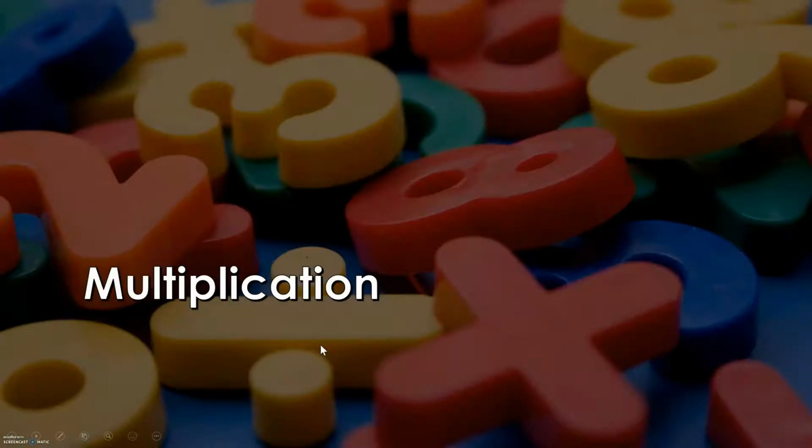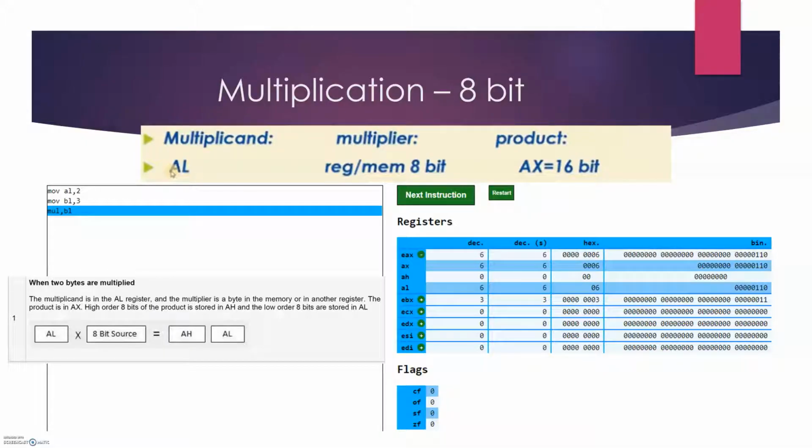And how do we do multiplication in assembly? In an 8-bit source, our multiplicand is the AL register, the multiplier is an 8-bit source, and the product is in the AX register, which is 16-bit.